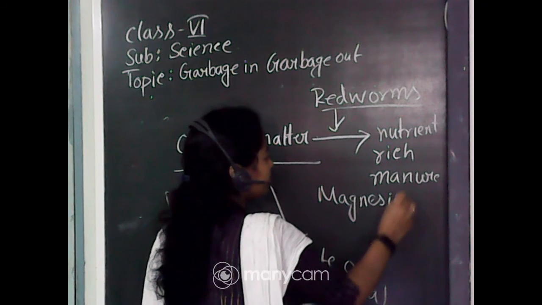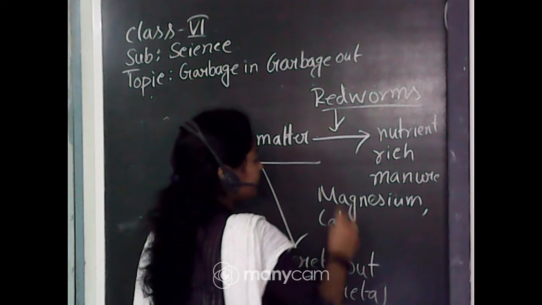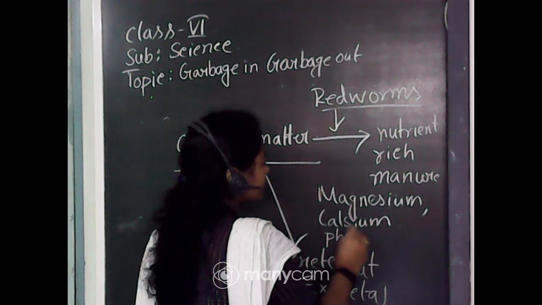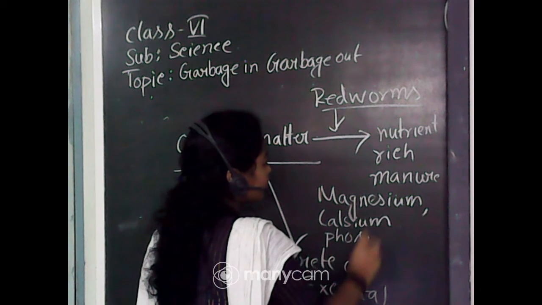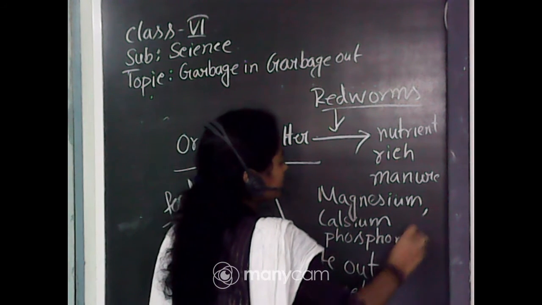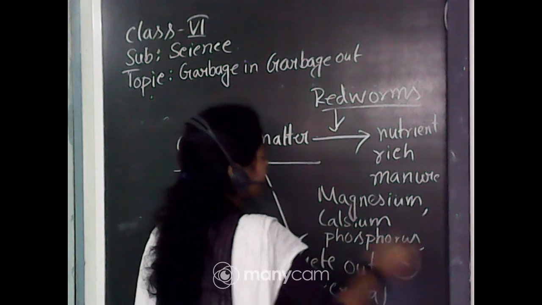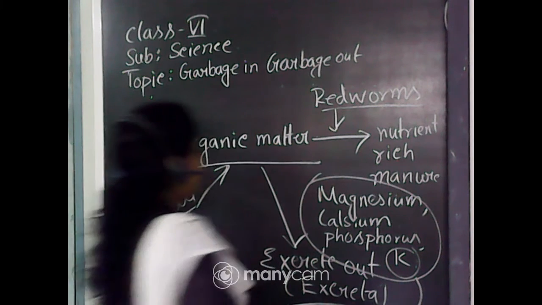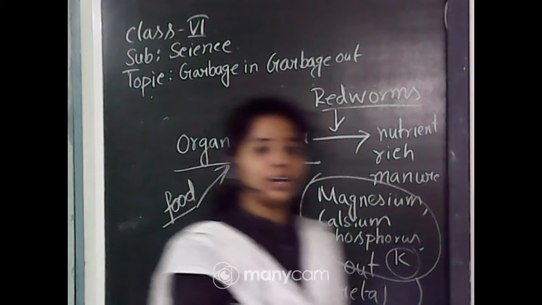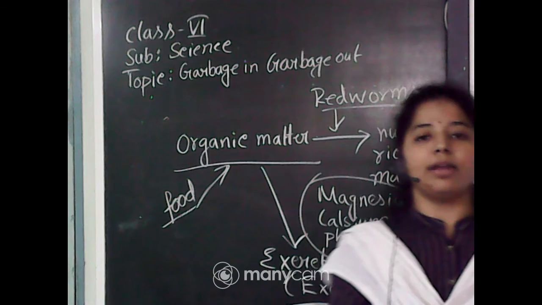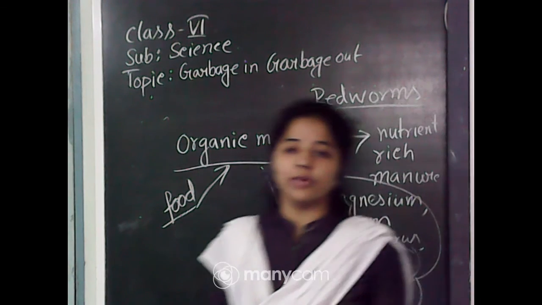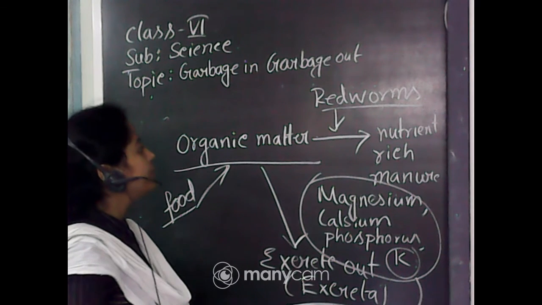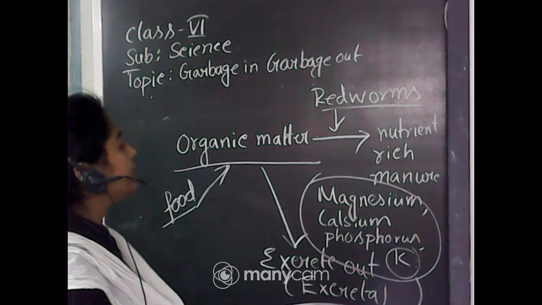calcium, phosphorus, potassium. These are all present in the excreta of those red worms, and these are very essential for the growth and development of plants. So in this way organic matter is converted into nutrient rich manure.